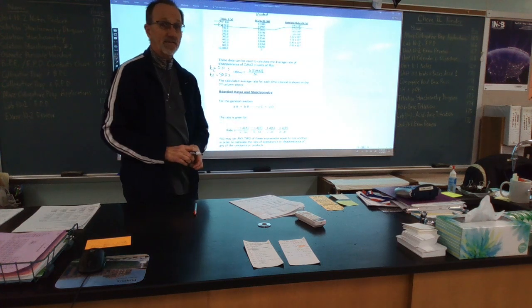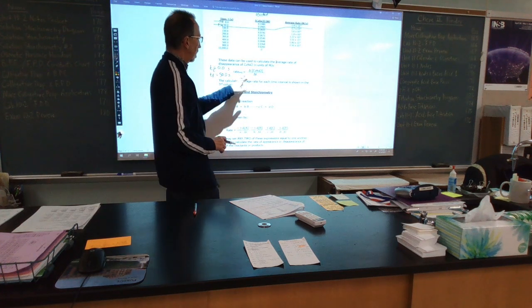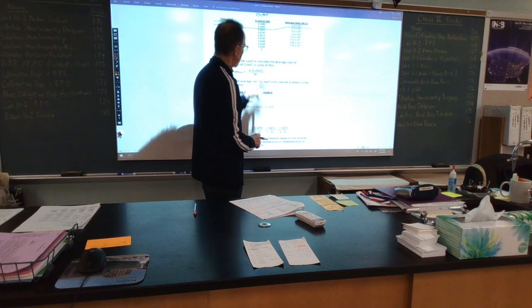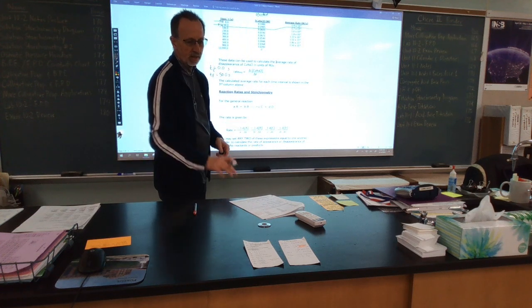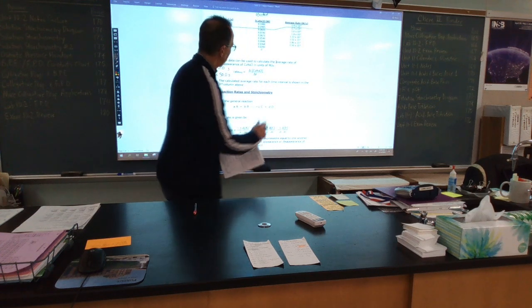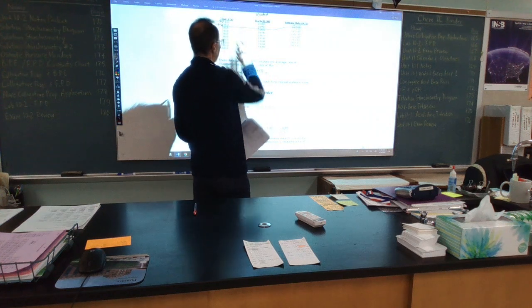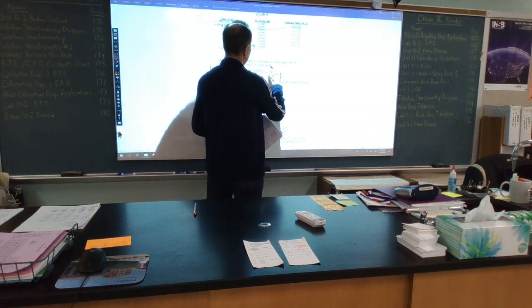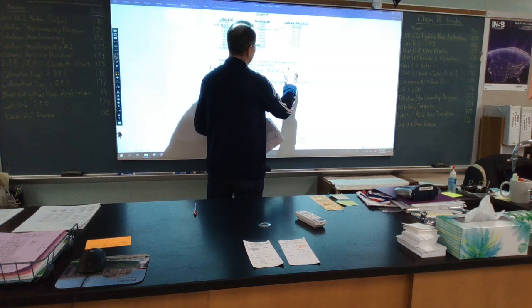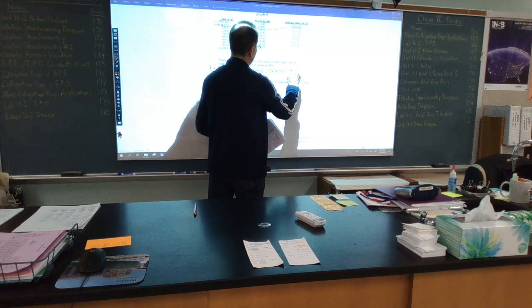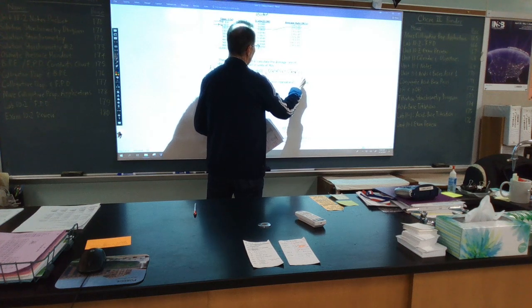So our rate of disappearance now is the opposite of the change in concentration over change in time. So this would be the concentration of butyl chloride final minus the concentration of butyl chloride initial, okay, over T final.